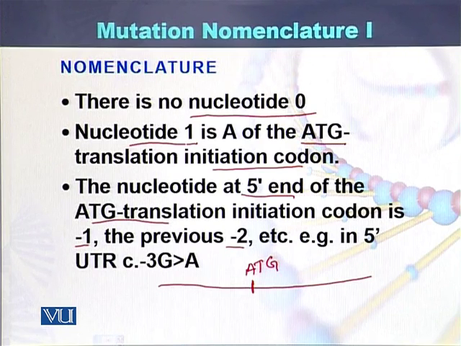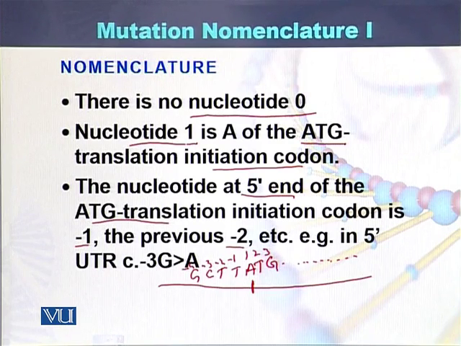So this A is actually nucleotide 1, 2, 3 and so on. On the other hand, if there are nucleotides here, let's say T, C, G, then this nucleotide, that is T, will be written as -1, then -2, -3 and -4.